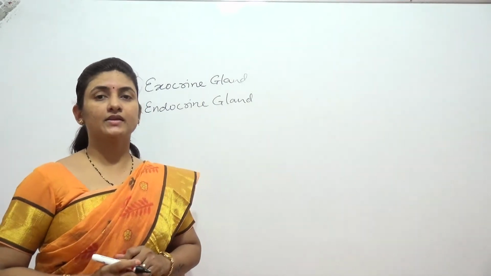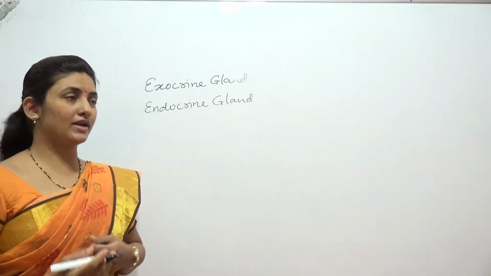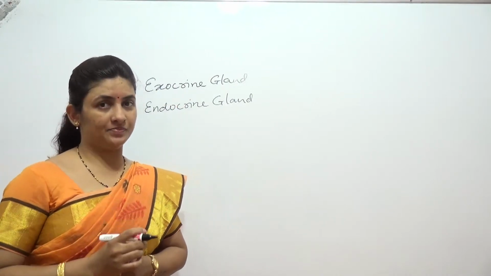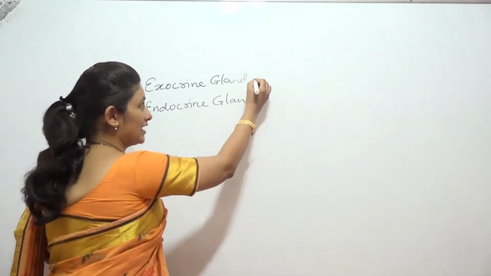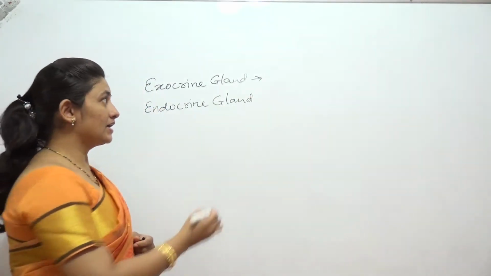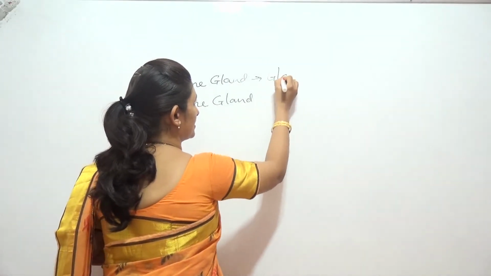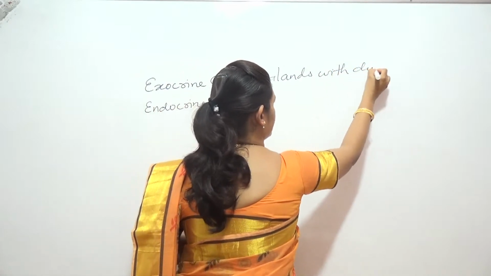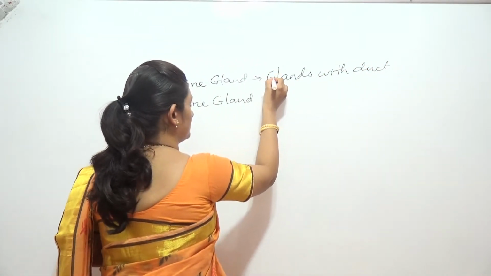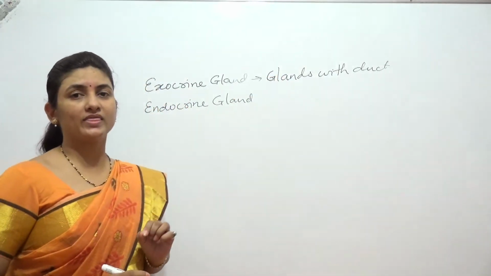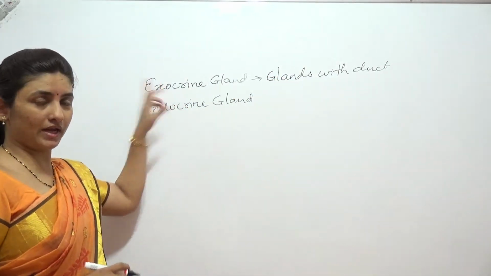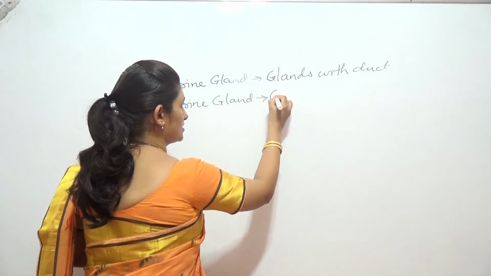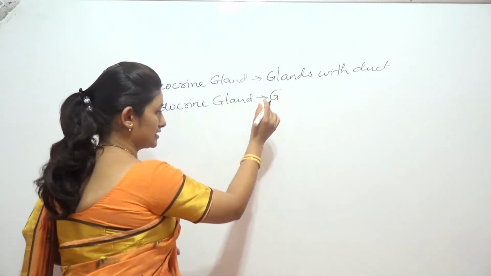Take a note, students. Yesterday, when I was mentioning the definition for the exocrine gland, I had mentioned it to be a ductless gland. But there is a correction. By mistake, I had mentioned it to be a ductless gland. Correct it: glands with duct are called exocrine glands, and endocrine glands are ductless glands.